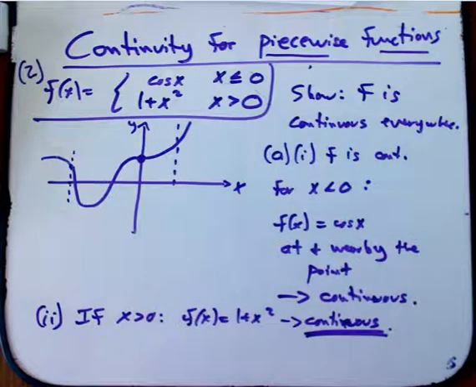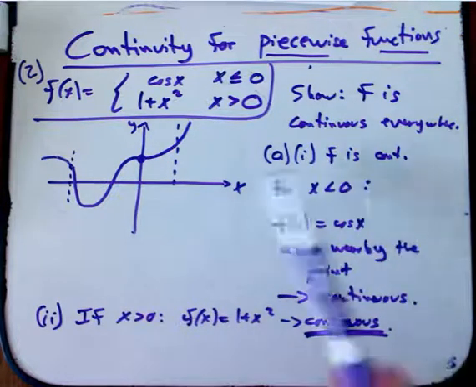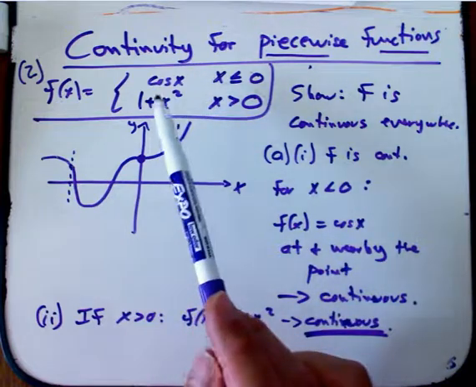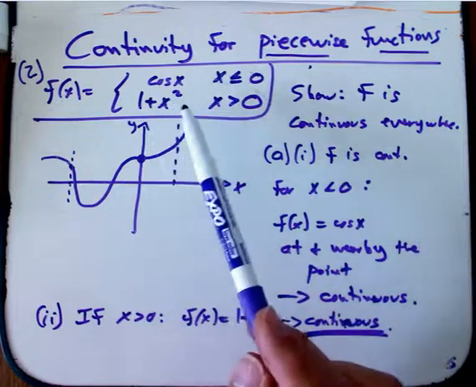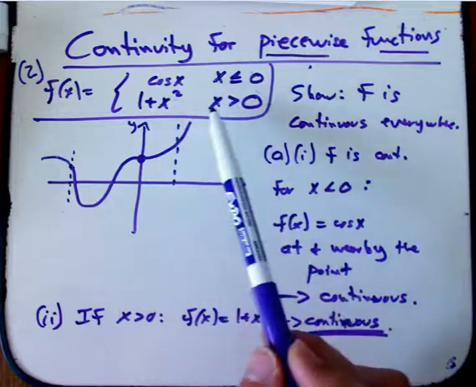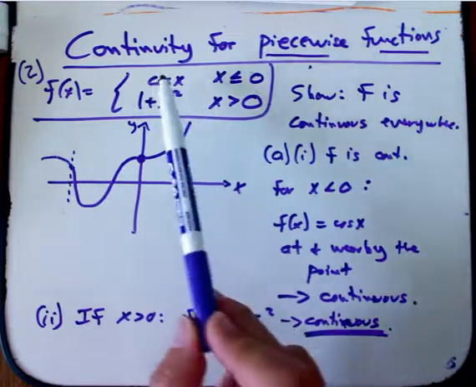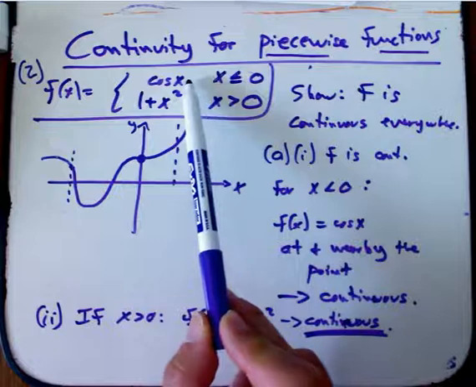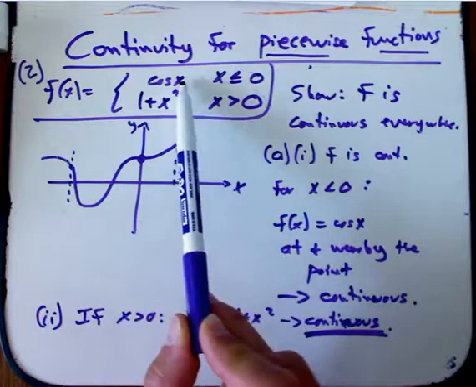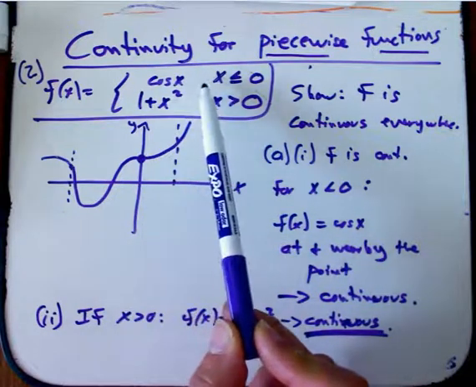And one important thing would be if the pieces themselves are nasty functions created in ugly ways, not with our library, then you have to be careful. For example, if this was tangent x, and I wanted to say, oh, that's obviously continuous everywhere apart from the breakpoint, that's just not true.